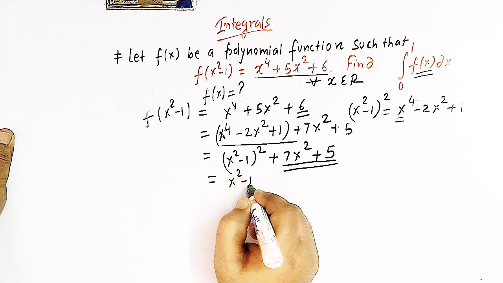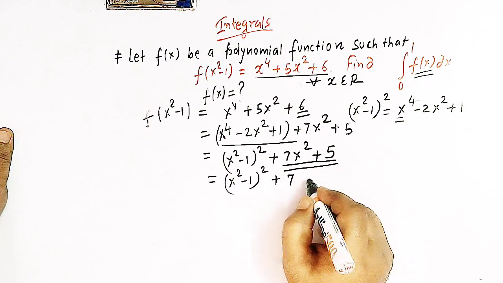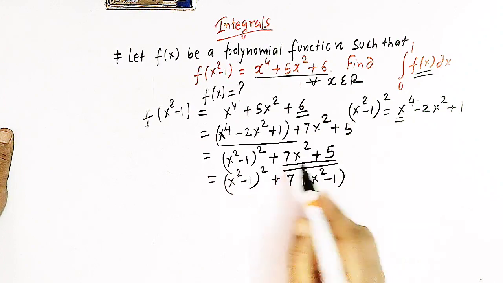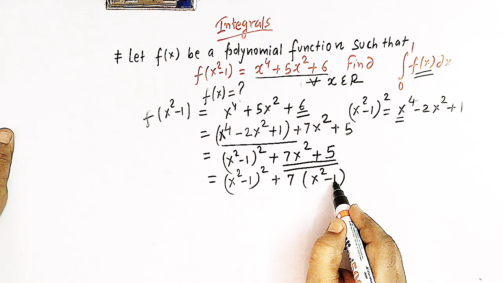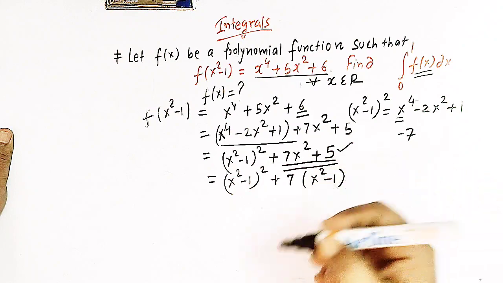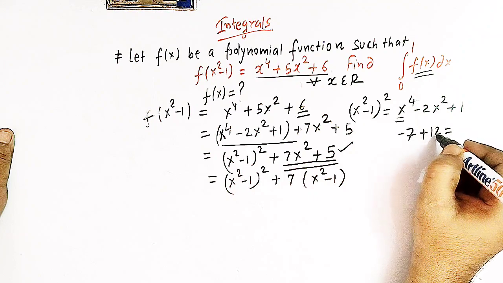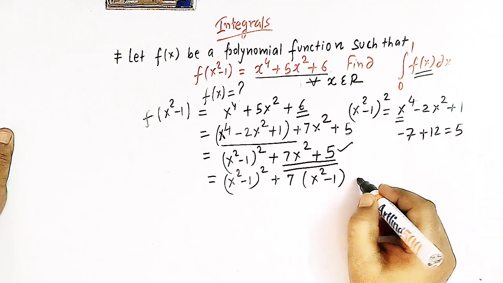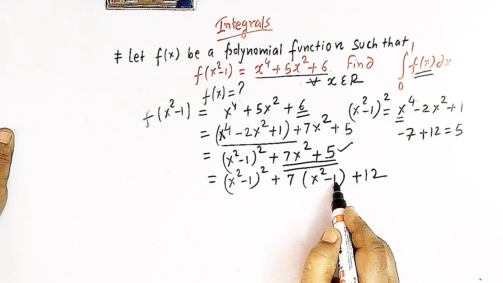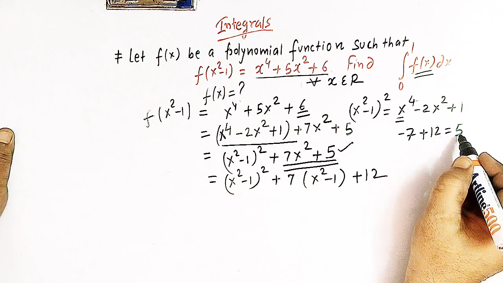Now let us try to express this term in terms of x square minus 1. So we can write x square minus 1 whole square, and here we can write 7 times x square minus 1, because we have 7x square, then we have 7 times 1 as minus 7, but here we have 5, right? So to compensate, we have to add plus 12, so that 12 minus 7 is equal to 5. So we can now have 7x square, 7 times 1 is minus 7 plus 12, and minus 7 plus 12 is equal to 5.